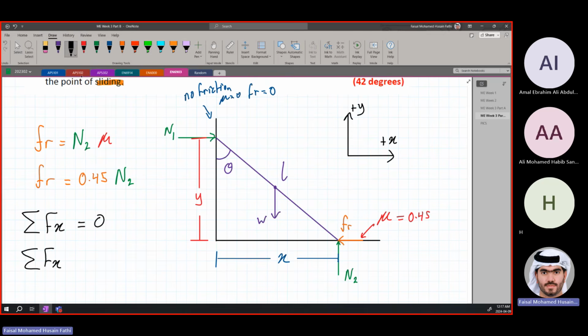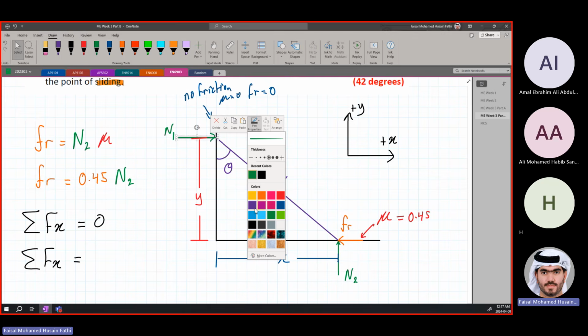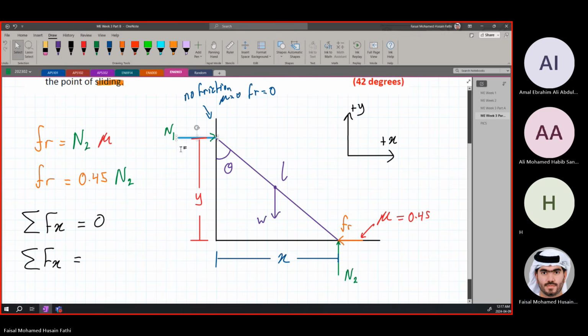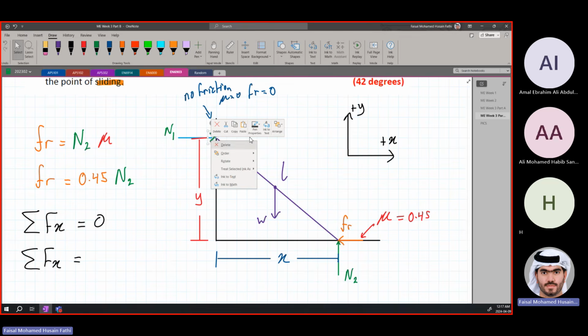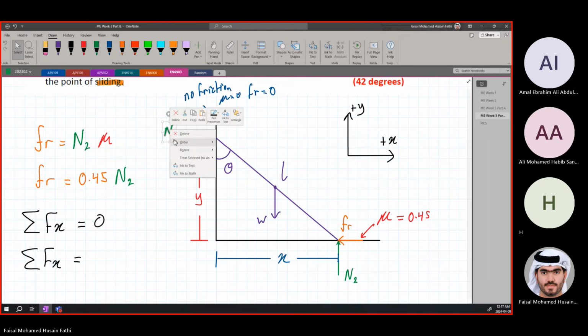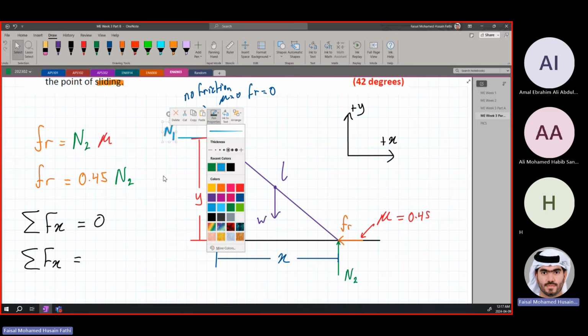Let me change the color of N1 to blue so we don't confuse N1 with N2. So this is N1, in blue.